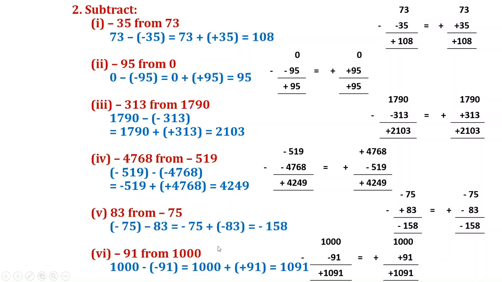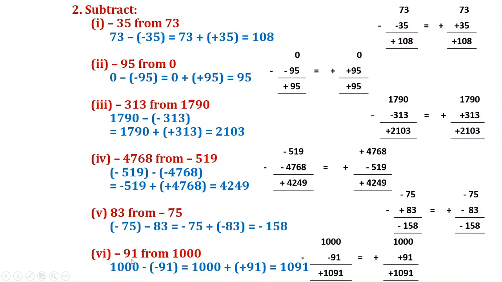So now you are adding two integers which are having the same sign, which is minus. If you want to add any integers having the same sign, first add them irrespective of the sign, which is 158, and put the sign which is common to both, which is minus. If you are adding two negative numbers, you will get a negative number only. So that is minus 158.